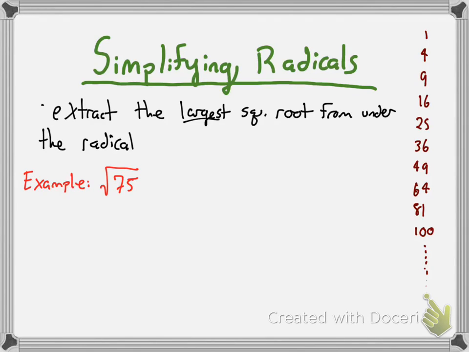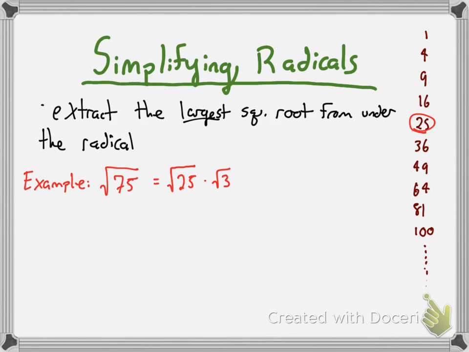After I see my list, I ask myself, what's the biggest perfect square that can go into 75? Looking at this list, I can see that 25 goes into 75. So I can rewrite the square root of 75 as a product of 2 numbers: the square root of 75 is equal to the square root of 25 times the square root of 3.